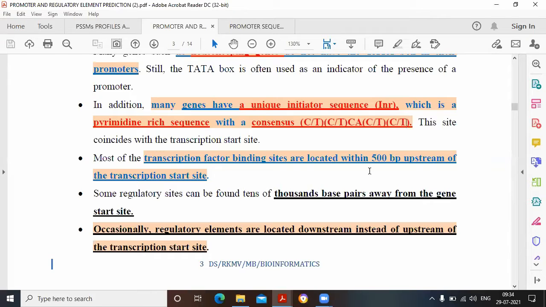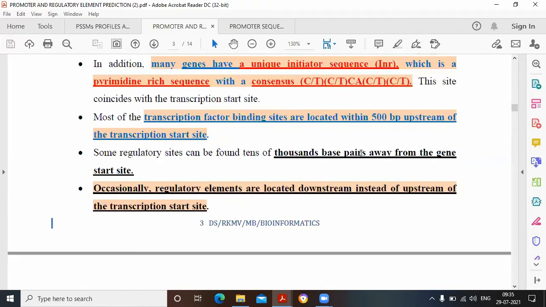In the eukaryotic system this is almost equivalent, in terms of molecular weight, to 5 kb or 6 kb, maximum a 10 kb region. Within the 10 kb region we find almost all kinds of promoter sequences and controlling sequences present upstream of the gene.